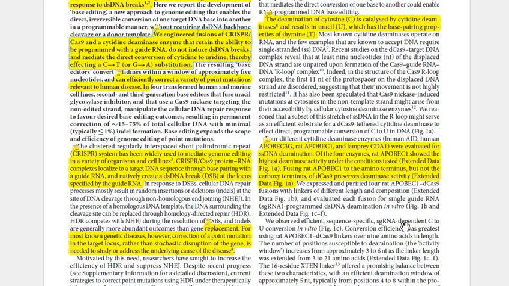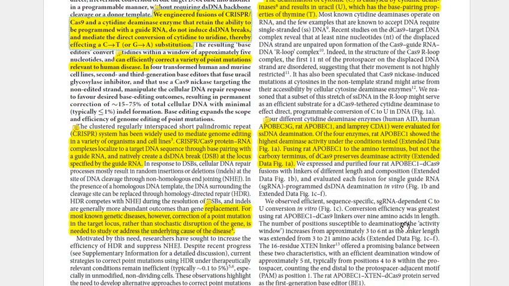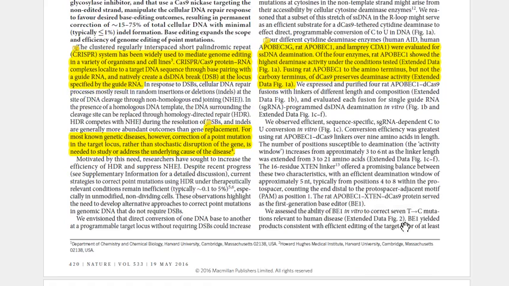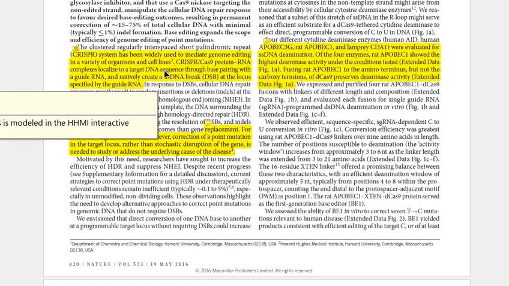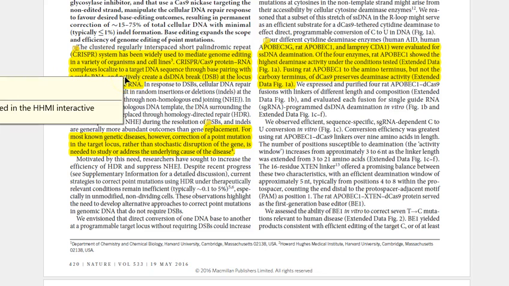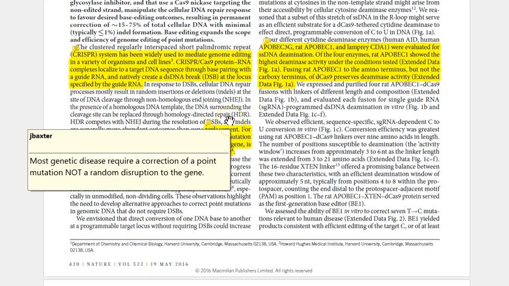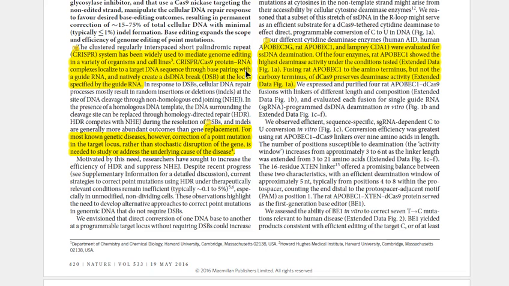So moving down a little bit, let's look at the next thing that I highlighted. This portion right here, I just wanted to remind you that these sentences that are highlighted, we can model that looking at the HHMI website, where we made that three-dimensional model of CRISPR-Cas9 and how it worked with the PAMs and all of that.